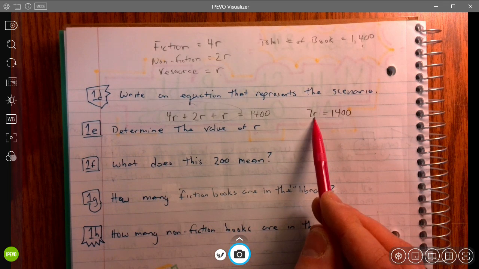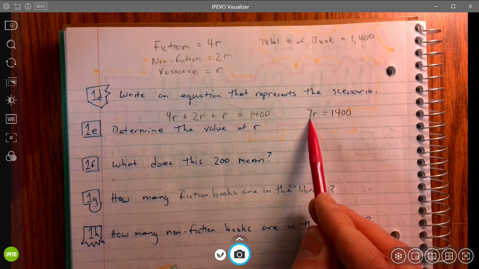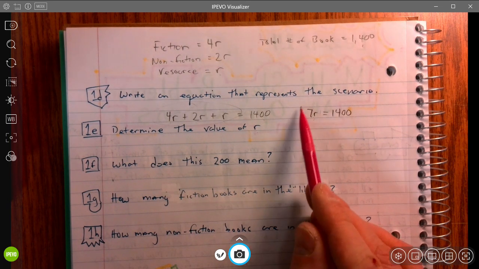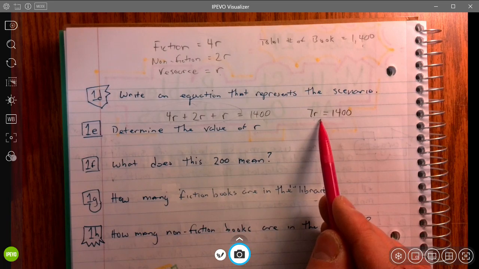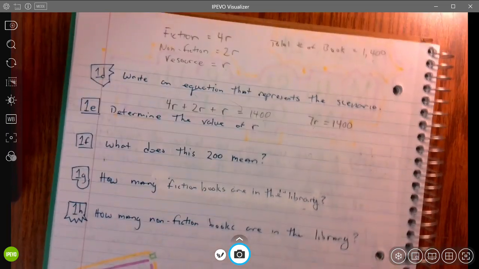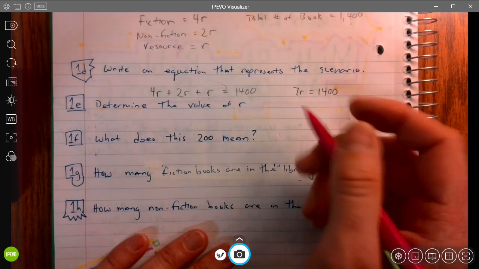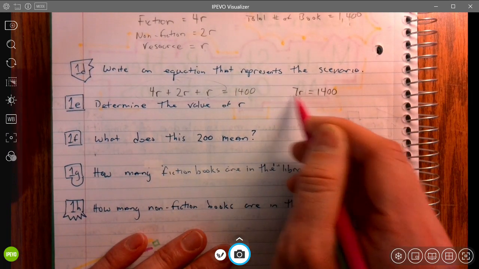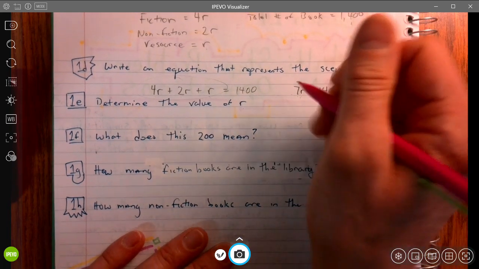Since R is being multiplied by 7, I need to perform the inverse operation of multiplication, okay? And the inverse operation of multiplication is division. So I'm going to divide both sides of this equation by 7.